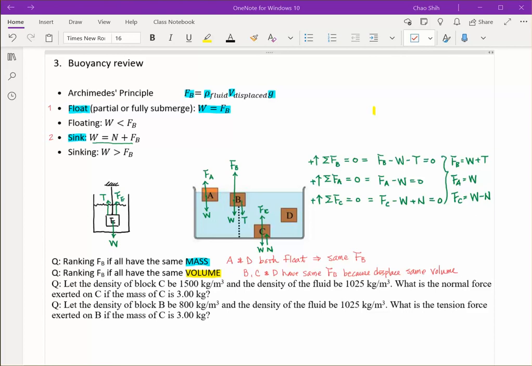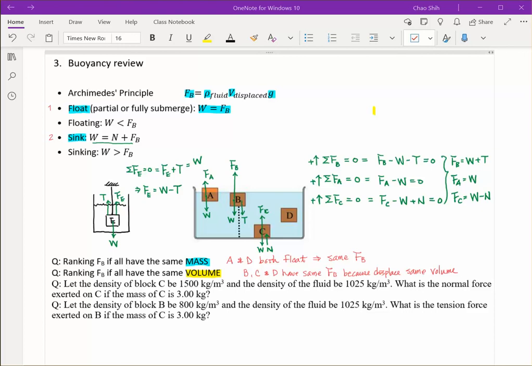Now if you write this free body diagram, if you write the equation of the net force, then the net force is the sum of these two forces, the buoyancy force on the object E plus the tension force, which is equal to its weight. And therefore you can write the buoyancy force of E is equal to W minus T. So that's how you find the buoyancy force.